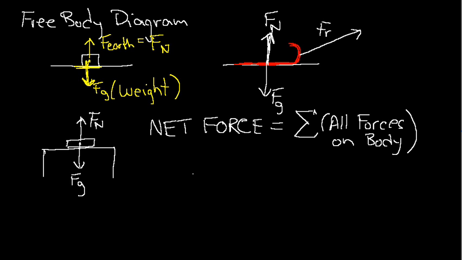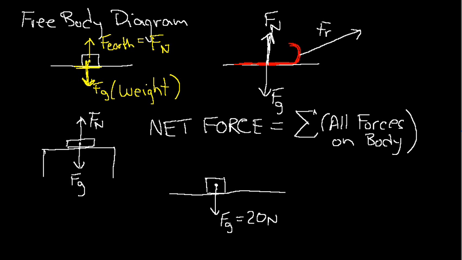So let's take an example. Let's just say we had a box over here, and the box weighs 20 newtons. Let's draw the free body diagram first. We have the force of gravity, which is 20 newtons downward.